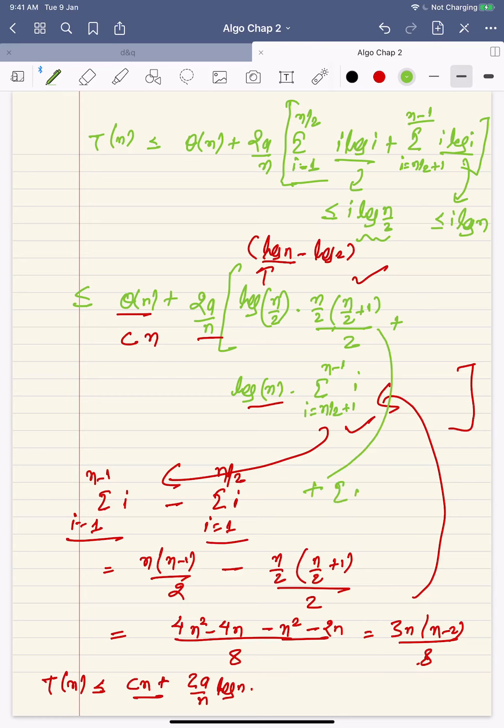And now I am adding sigma i equal to 1 to n by 2. So I can go back to this term and say that adding this and this will give me this particular term.